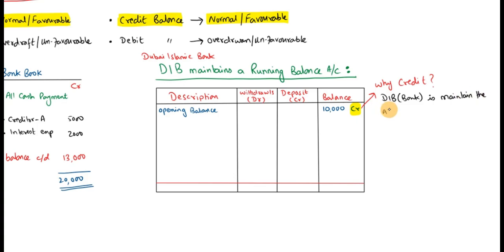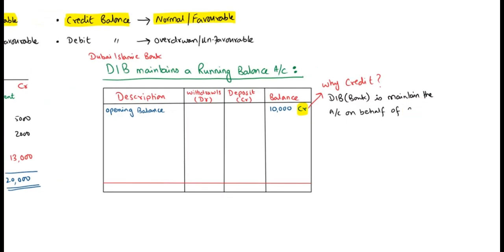Bank is maintaining the account on behalf of the customer. In our case, the customer is ABC Limited.